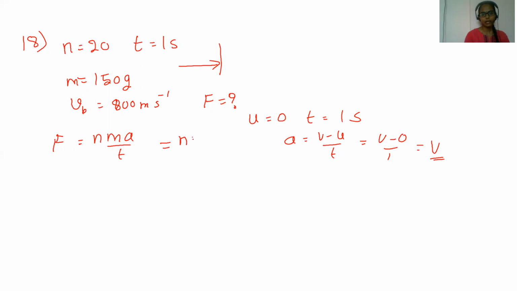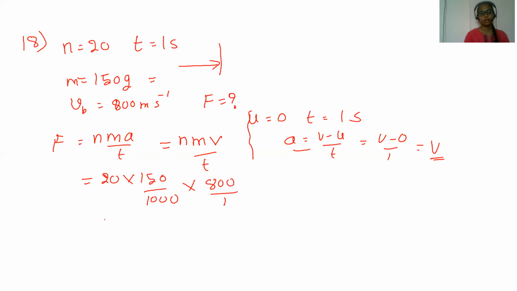Instead of writing like this, we can write NMV by T also, because A is equal to V for these two conditions. So N is 20, and the mass of 150 grams I can write as 150 by 1000 kg, into velocity 800, and time is just 1 second. Understood, children?